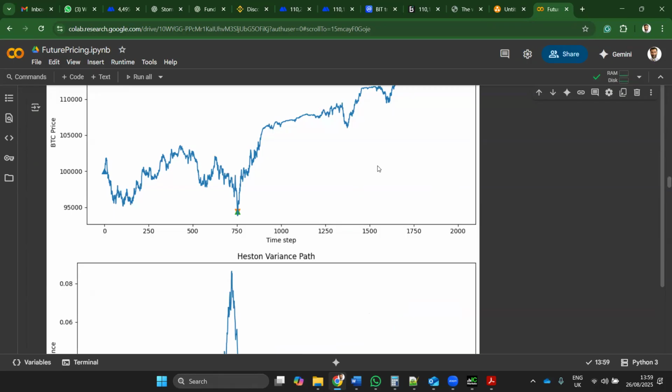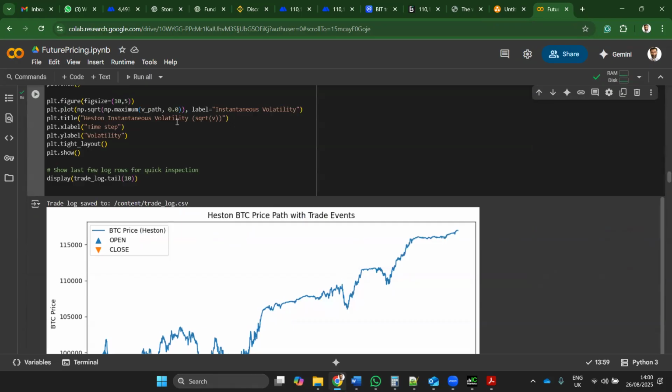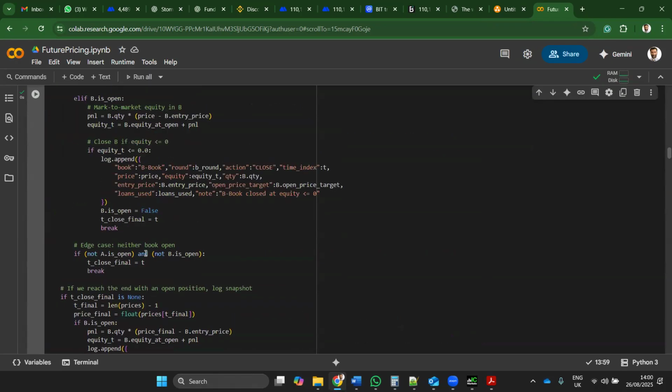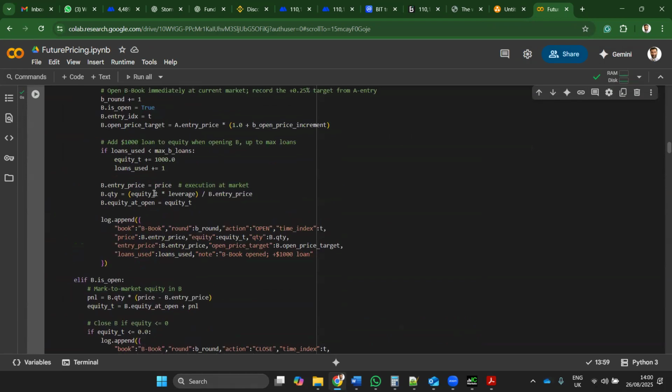So I'm still confused about how to generate this kind of trending of the BTC price. No, the code is already there. You don't have to. This is the code. Every time it's generating the BTC price.